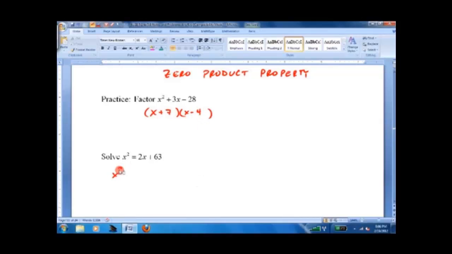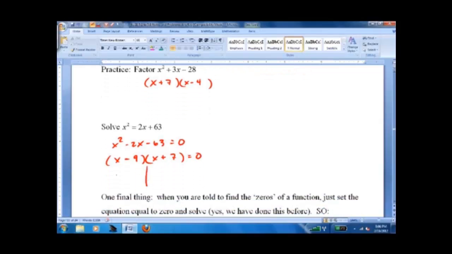Solve. Well, now set it equal to 0. Done.